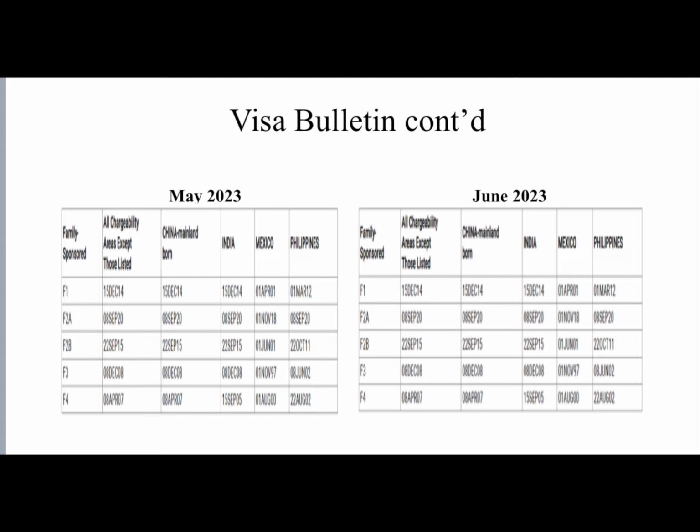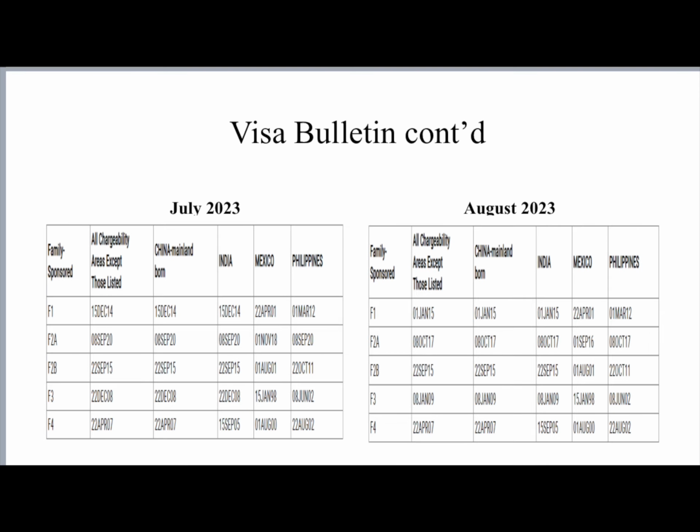Now moving on to June, nothing changed in the bulletin for any other categories. Then let's head on over to July. The same bulletin. I mean, in the Jamaican group, they just copied and pasted the bulletin, like nothing changed. Same thing.